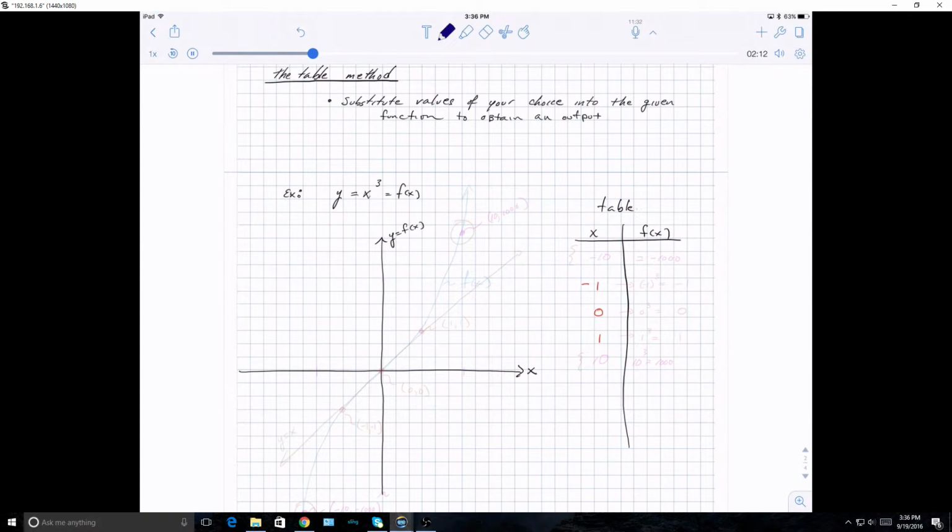So all we have to do is insert those values, and that's just -1 cubed. And, well, that's nice, and then this would just be 0 cubed. Well, that's really nice, and that's just 1 cubed, and that's, again, really nice. So it looks like what we have is this setup.